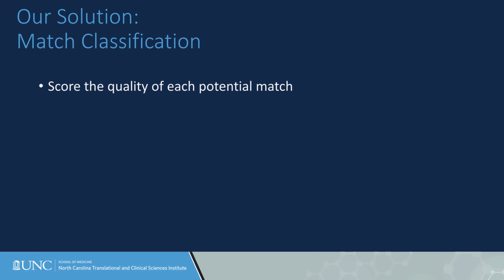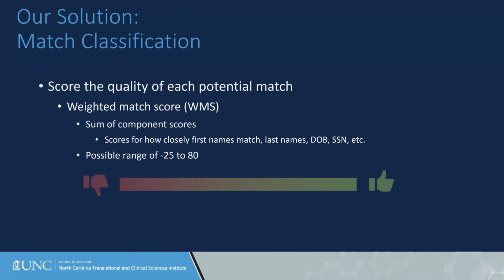And the first stage of this is scoring each one for the quality of that match. So we do that with what we call the weighted match score. So it's actually a combination of several component scores. So we're going to compare the 2 records. And as I said, we have 7 different identifiers we compare, and we get a score for how well each pair of identifiers matches up.